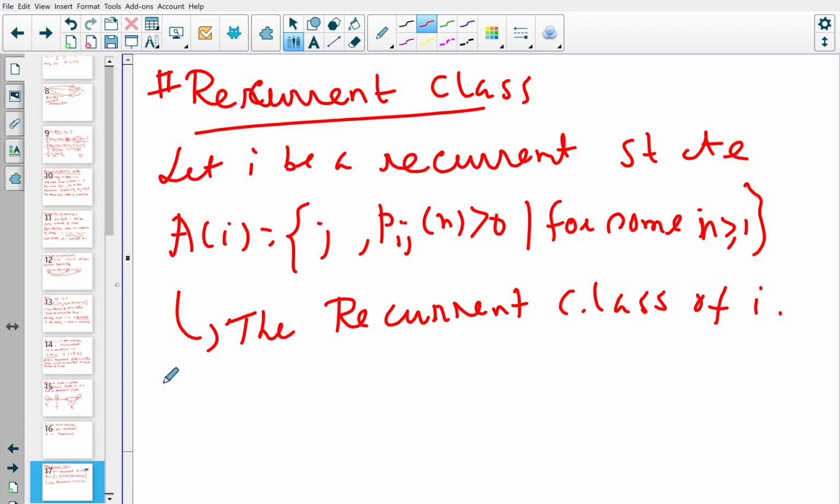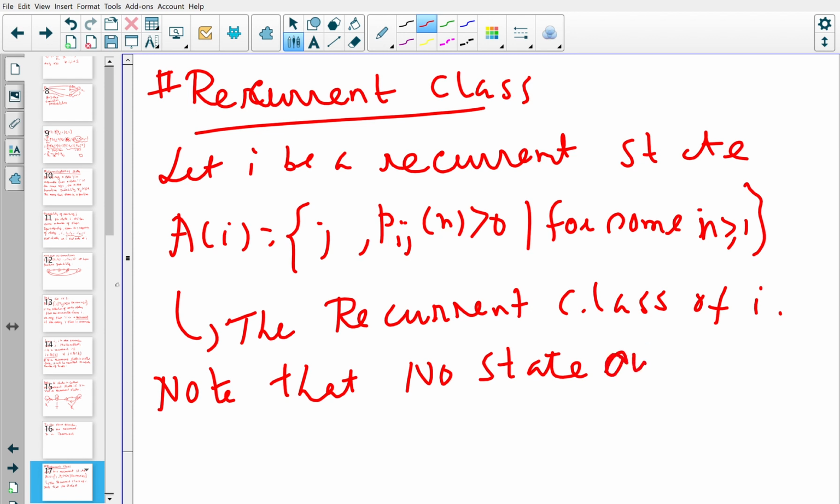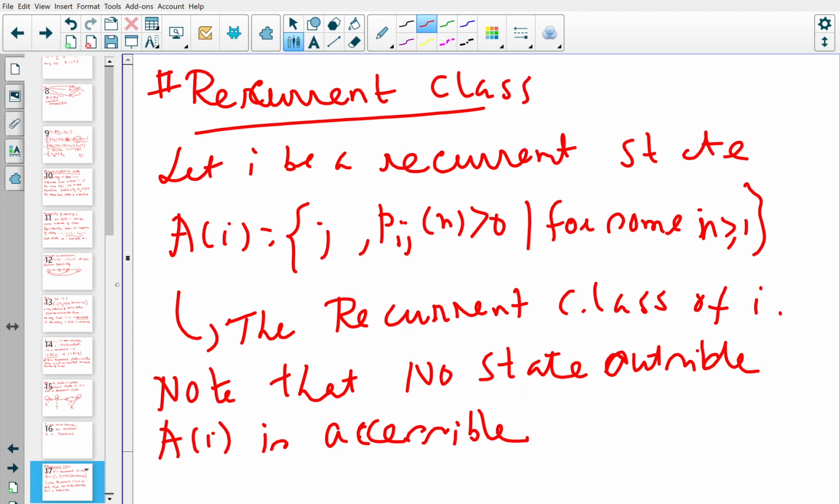Now note that no state outside A_i is accessible from A_i.